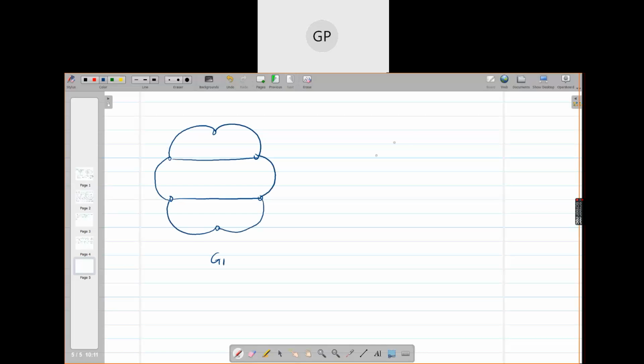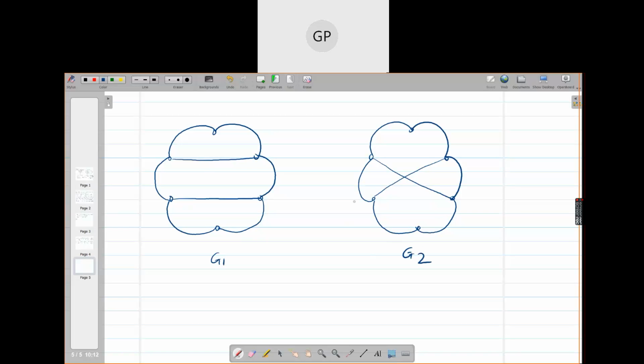Okay, this is G1. And this is G2. We will check whether these are isomorphic or not. I have taken the example.